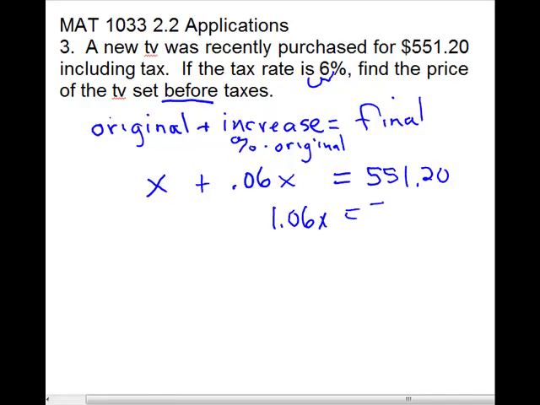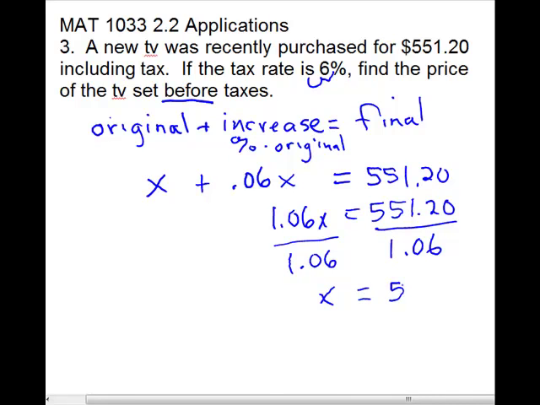X equals 551.20. And now you will isolate your variable by dividing by 1.06. Do this in your calculator. Make sure you punch it in top to bottom. 551.20 divided by 1.06 gives us 520.